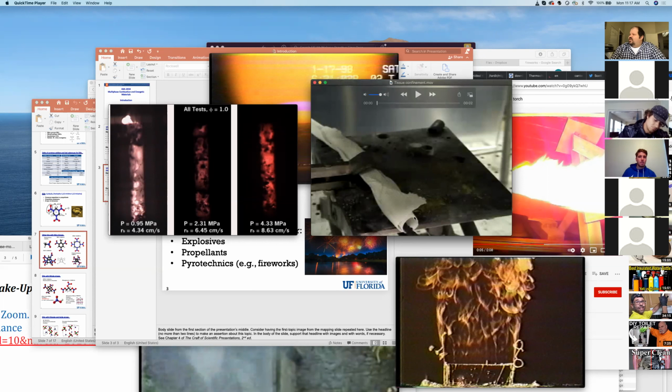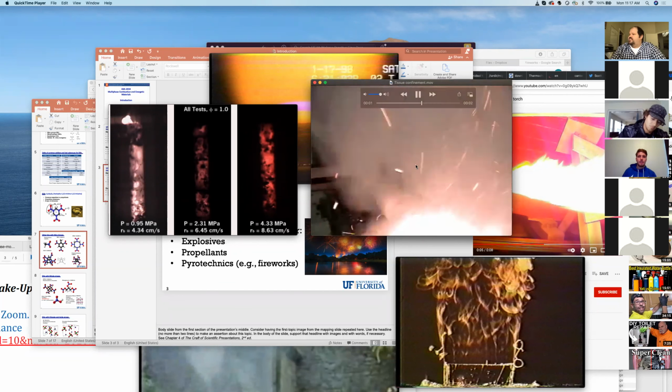And then you're just looking at the effect of confinement, and he confined it with just this really loose garbage paper towel. And so what do you think will happen when he ignites the fuse from the end here and it goes into the paper towel? The flame will take off, will propagate much faster. And so I'll play the movie.